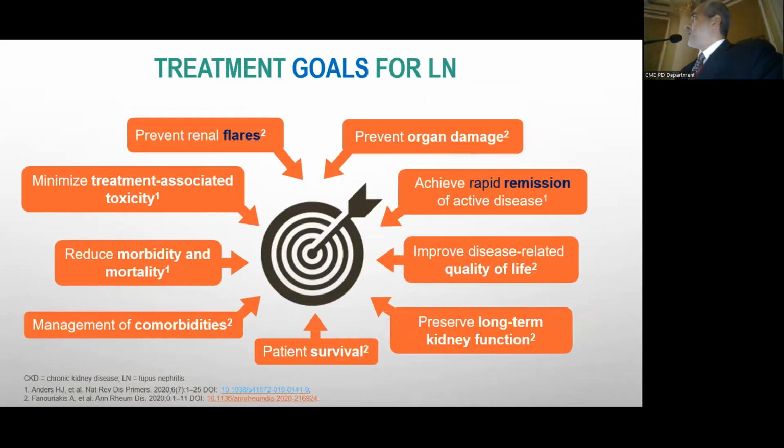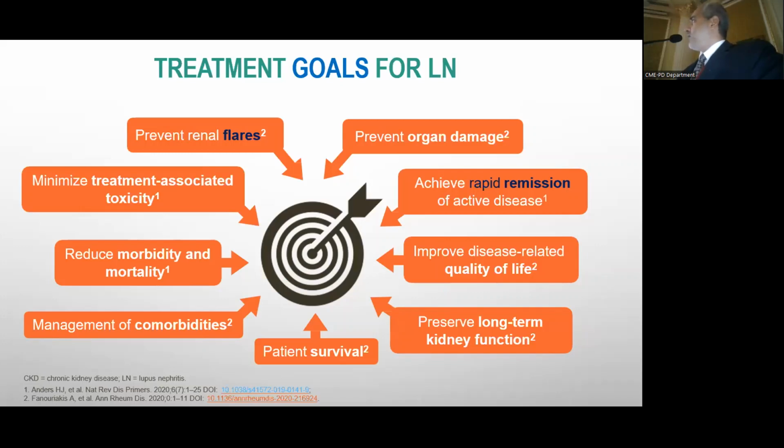So the treatment goal for lupus nephritis is mainly to achieve rapid remission of the active disease and prevent renal flares in the future. Achieving remission and preventing renal flares is very important to prevent long-term loss of kidney function and to preserve kidney function as much as possible.